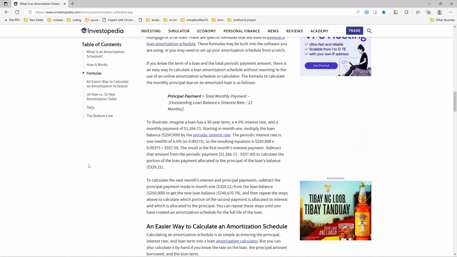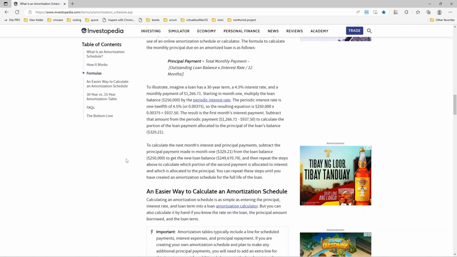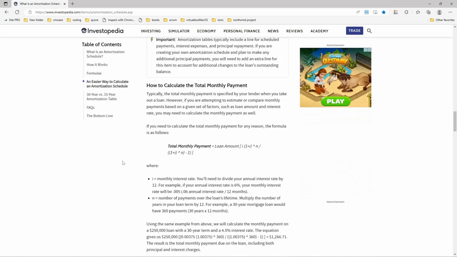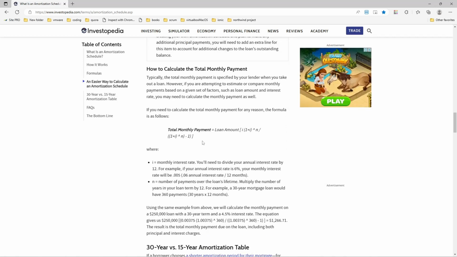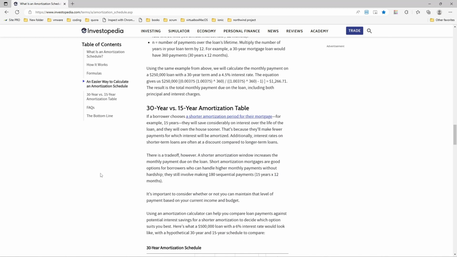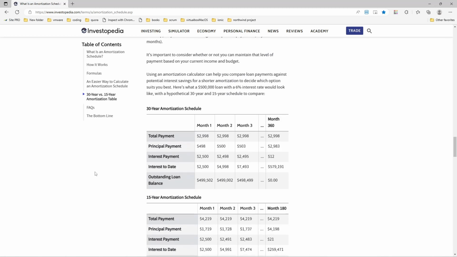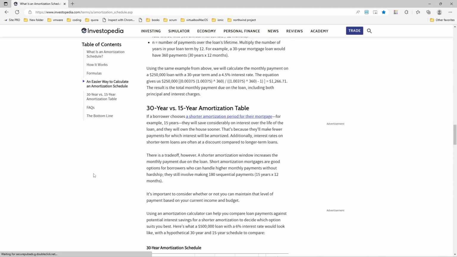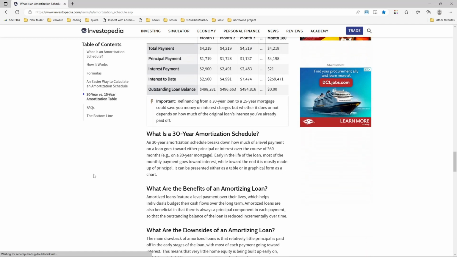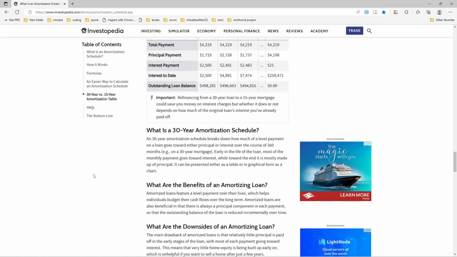Here you can find a formula that I have used in the application. You can read the entire thing here. Maybe I'll also add this one to the description for this session.